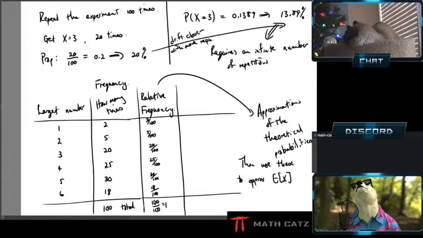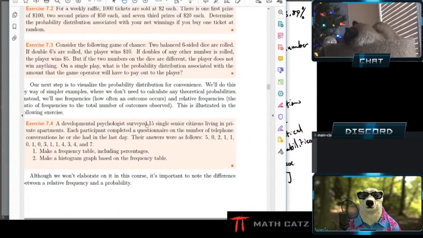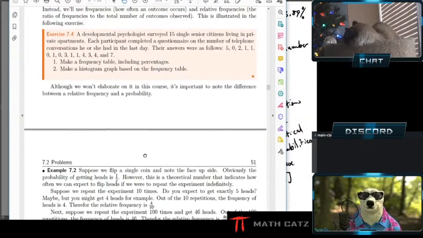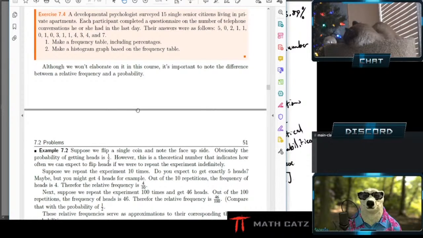Let's just have a look before we stop at our, oh, I have the book here. Let's look at the problems. We have a little bit more to do. We will just solidify the frequencies and stuff like that by way of exercise 7.4.